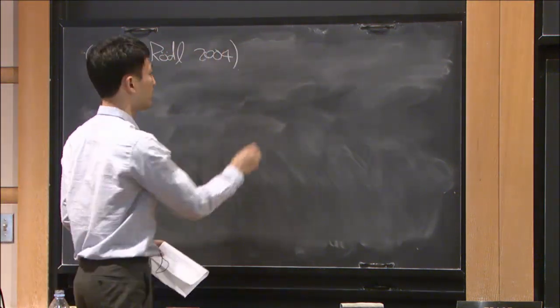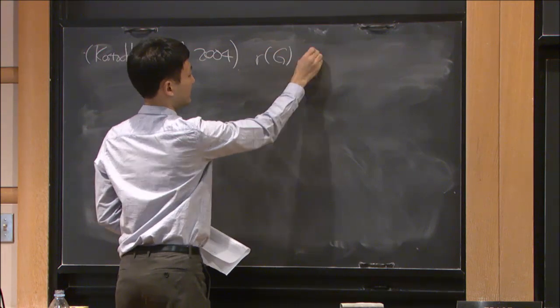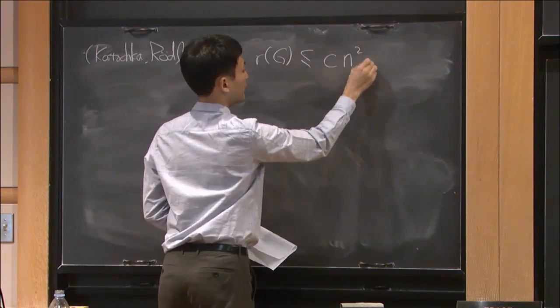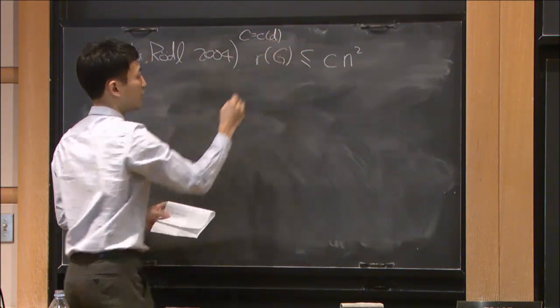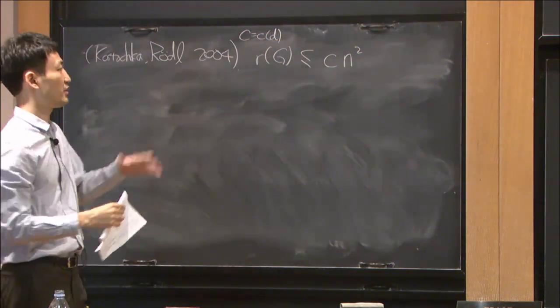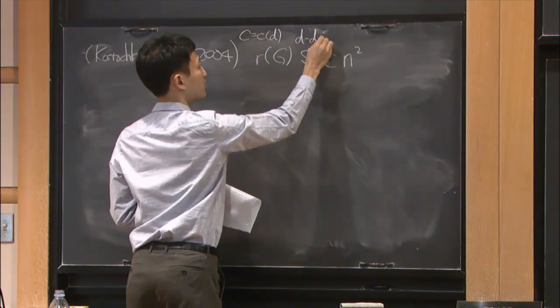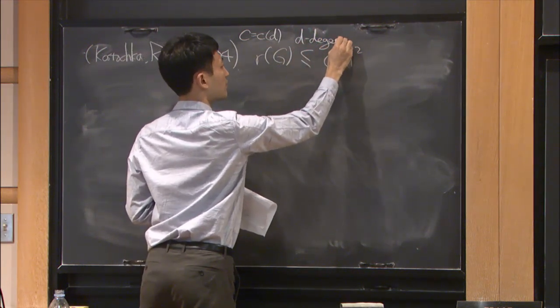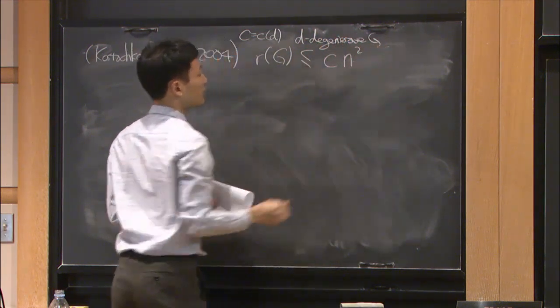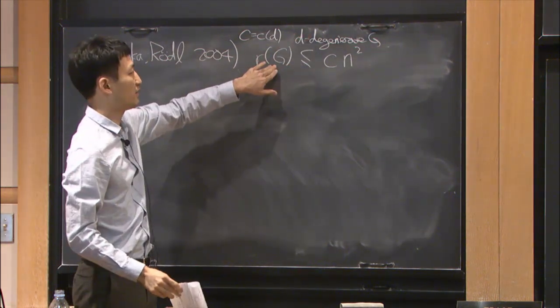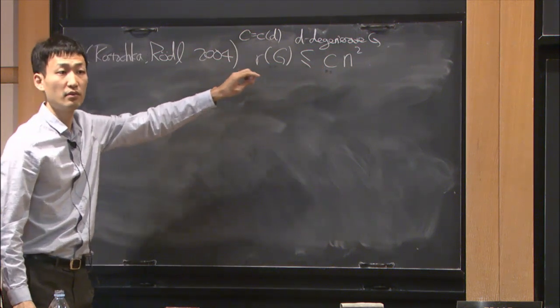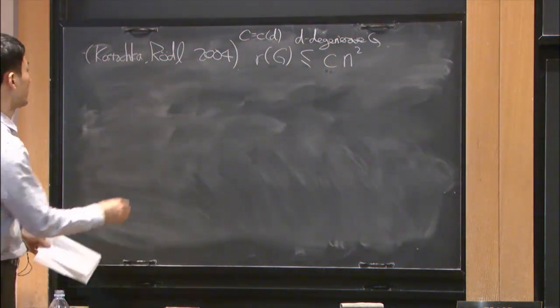They proved that the Ramsey number is at most quadratic, c d n squared, where c depends on d, and now we're talking about degenerate graphs G. So this result doesn't sacrifice on the measure of sparsity, but instead sacrifices on the bound. We have a quadratic instead of a linear.